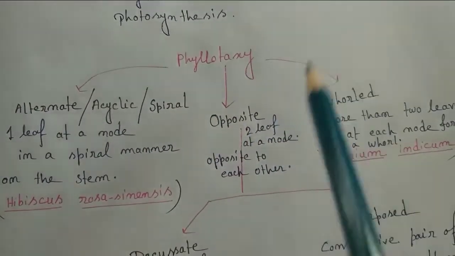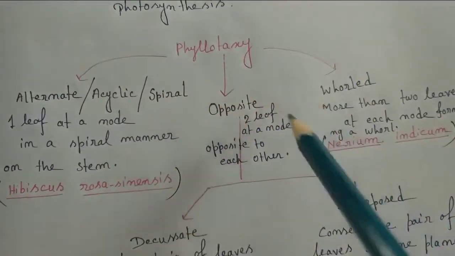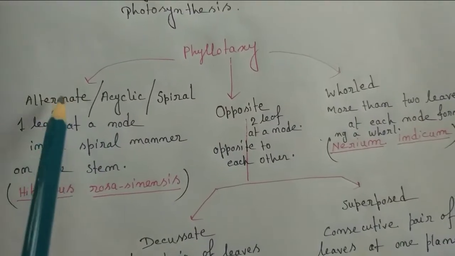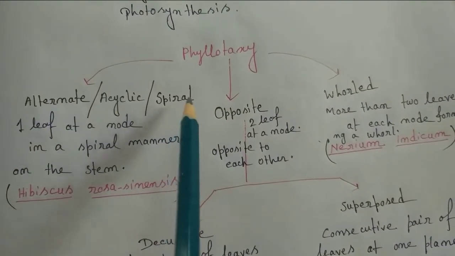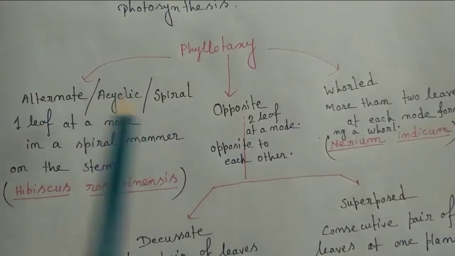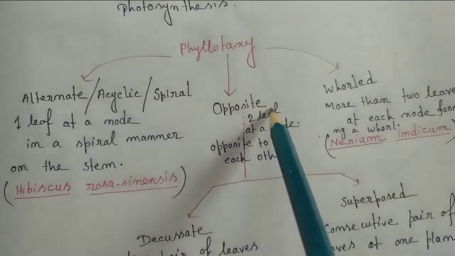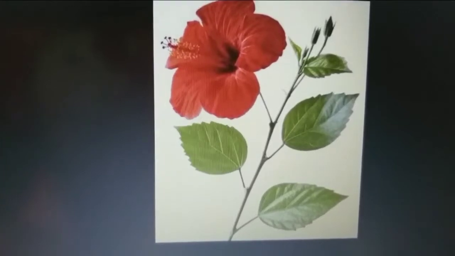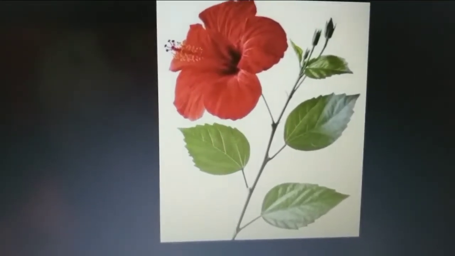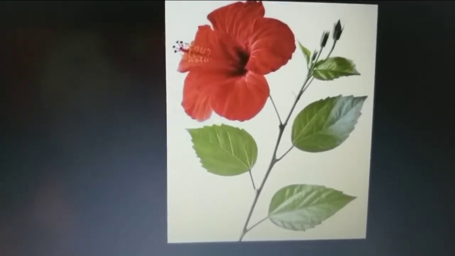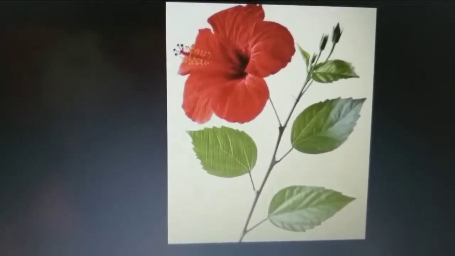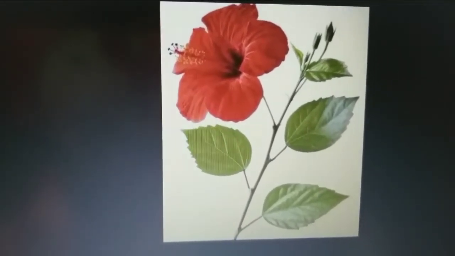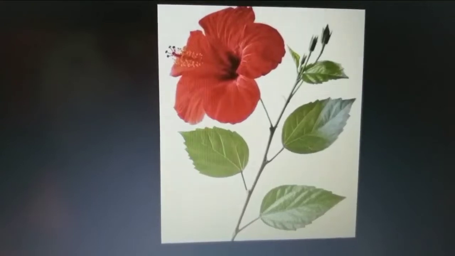So the types of phyllotaxy. Phyllotaxy is mainly of three types: alternate, acyclic or spiral; the second one is opposite phyllotaxy; and the third one is whorled phyllotaxy. In alternate phyllotaxy, one leaf develops from each node and those leaves are arranged in a spiral manner all round the stem.